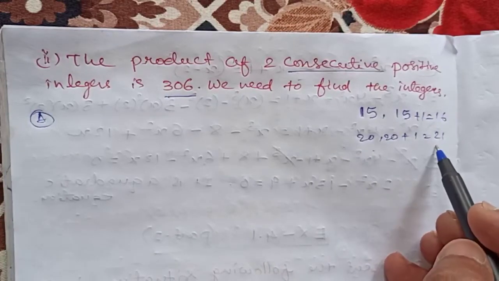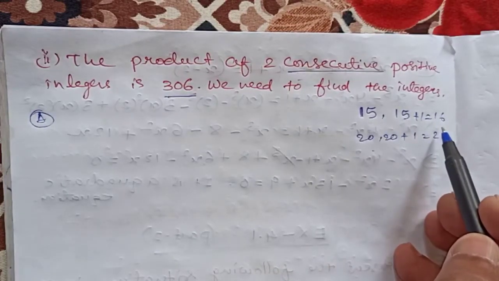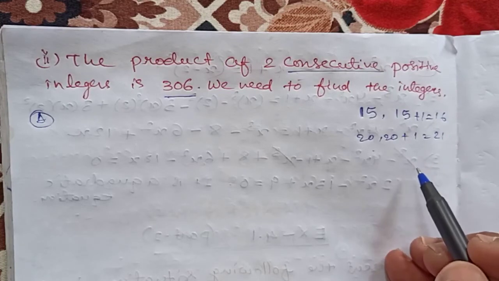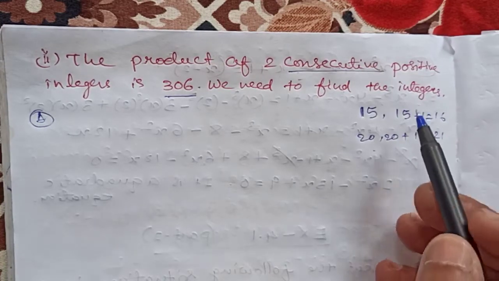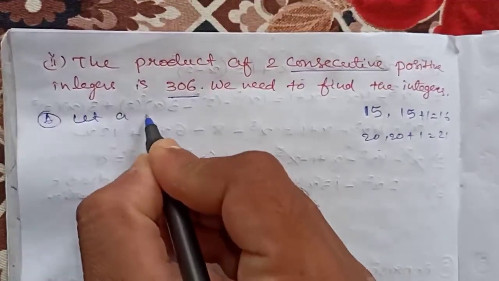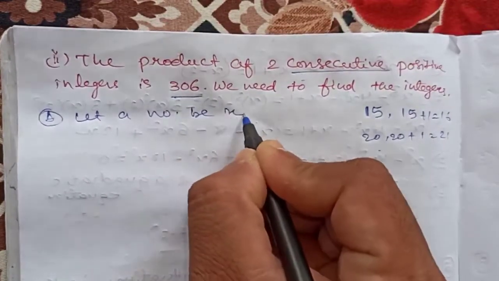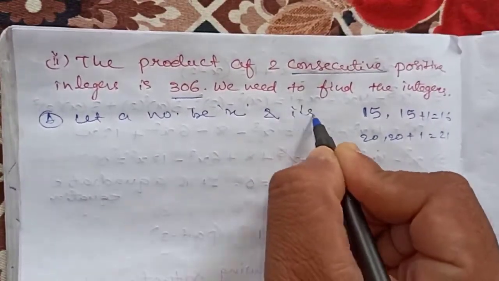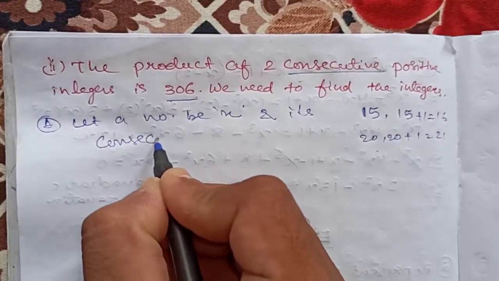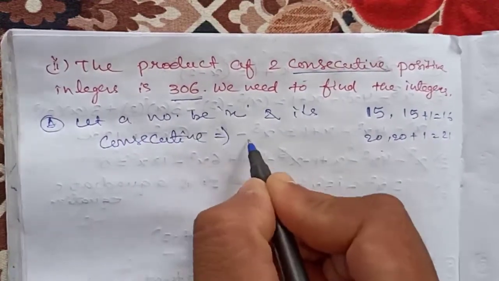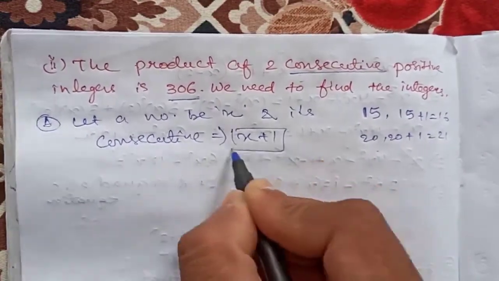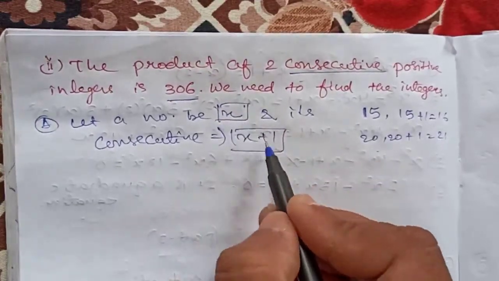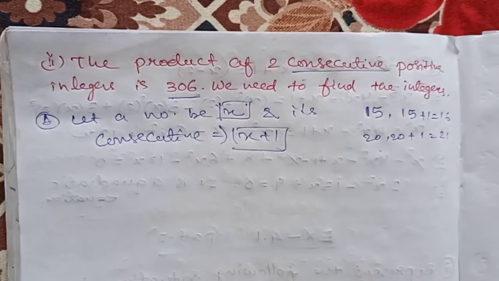Like 20 and 21, 15 and 16, 9 and 10 are consecutive. But here let a number be x and its consecutive is x plus 1.